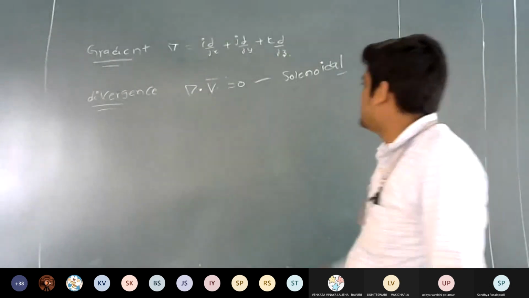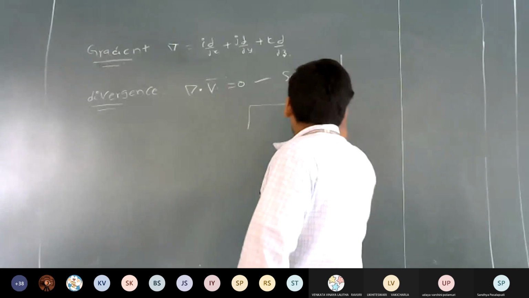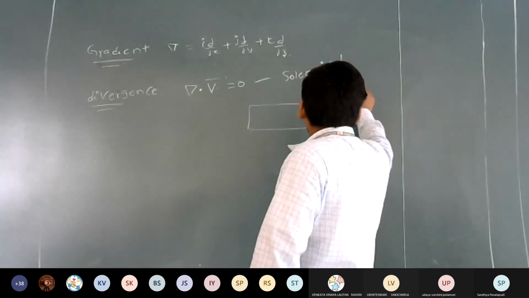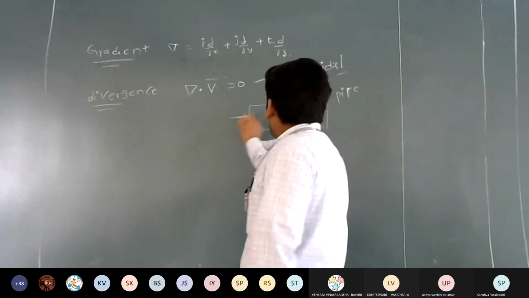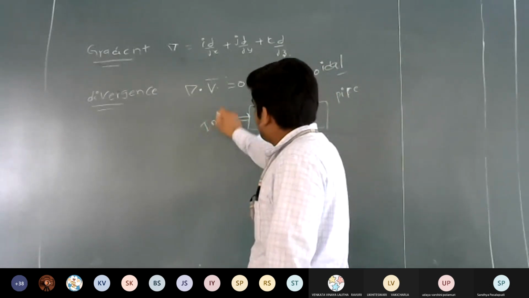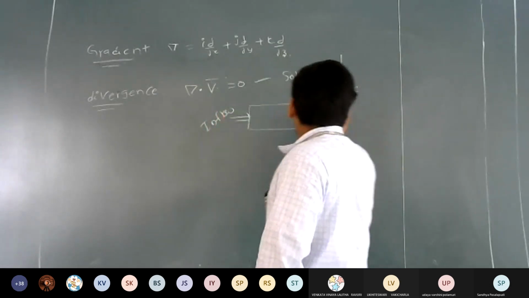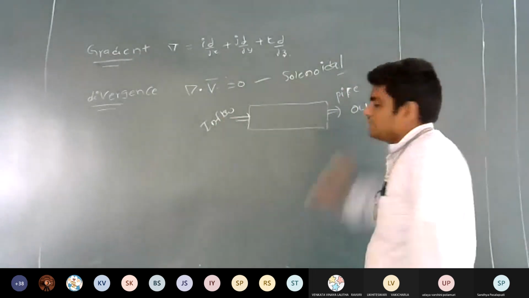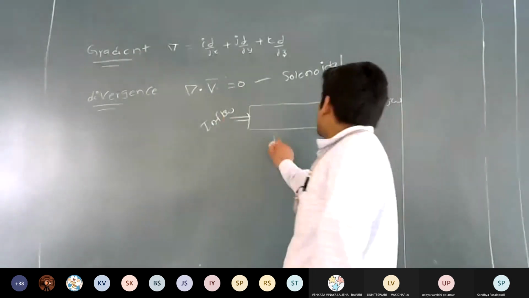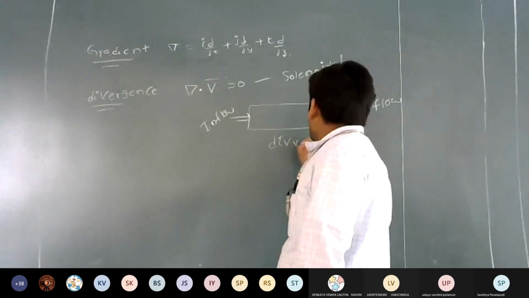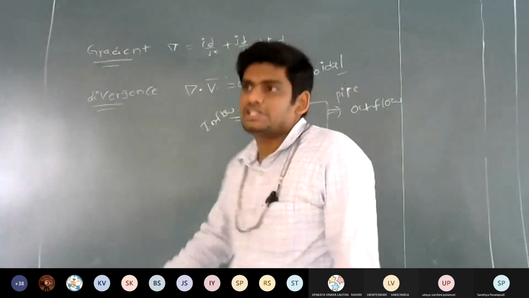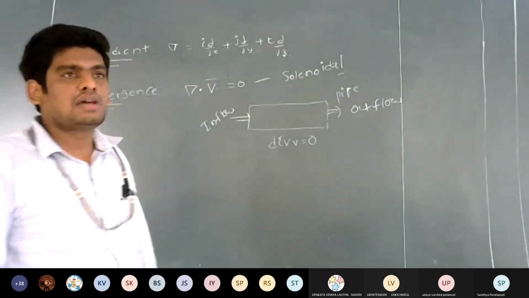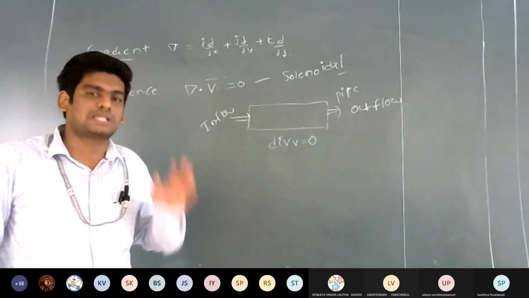What does it mean? In general, suppose we take one pipe and the inflow of this pipe is equal to the outflow of this pipe. In this case the divergence is zero. That means there is no change in the velocity or in the quantity of the substance.